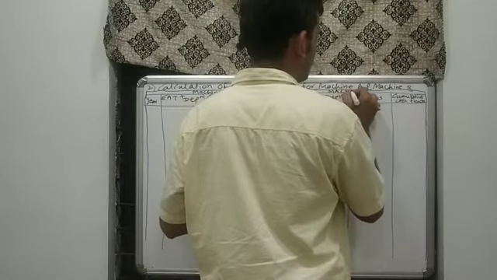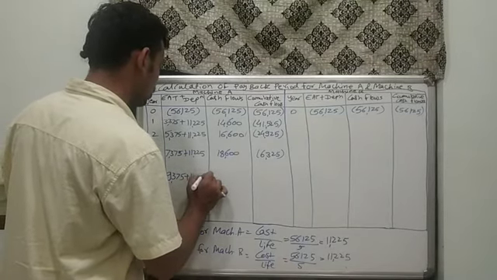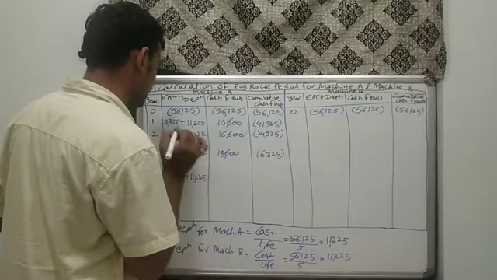Next year's cash inflow is 9,375 plus 11,225, which equals 20,600. Hence minus 6,325 plus 20,600 equals 14,275. Here we are earning something.